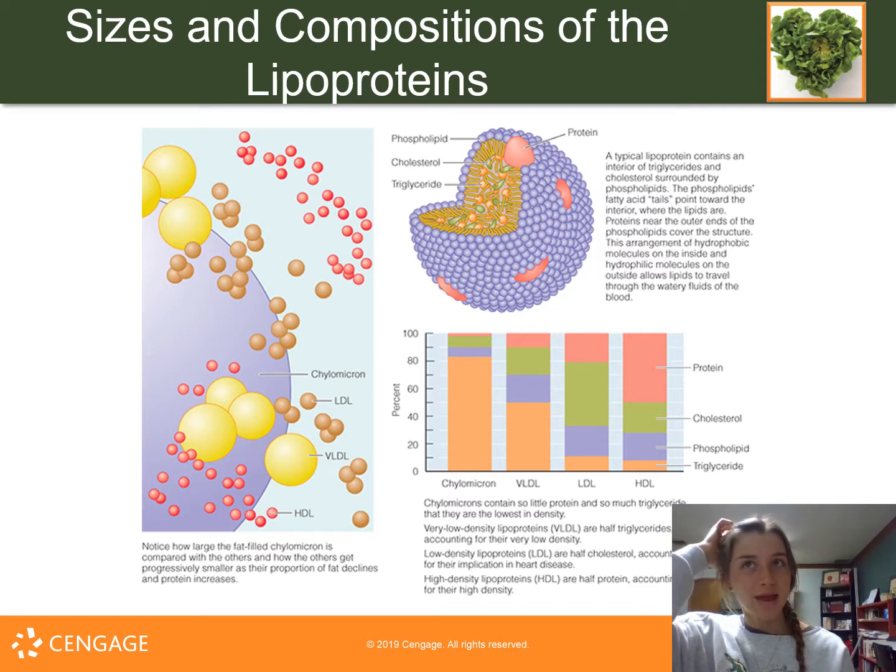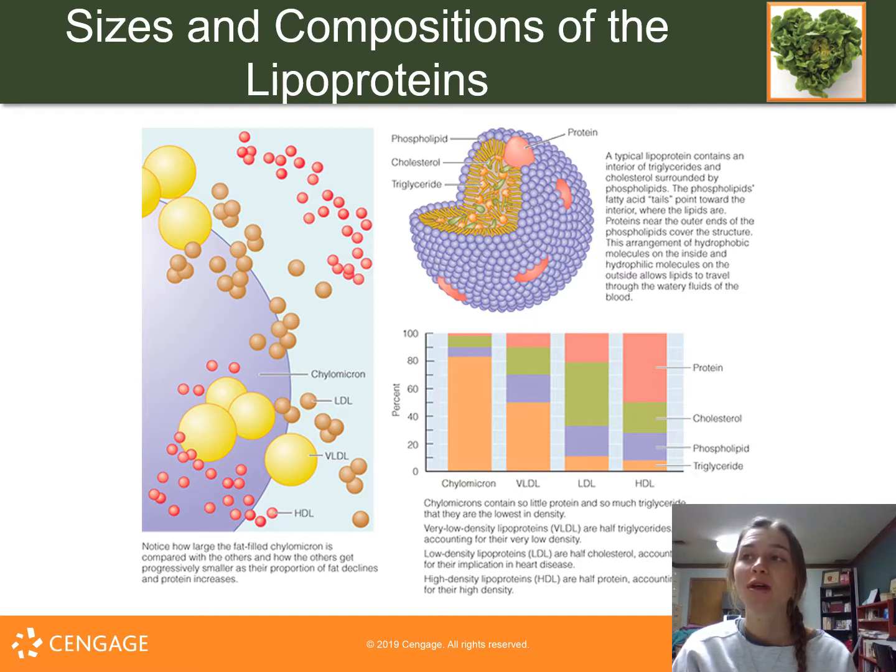As we saw in the last slide, there are multiple types of lipoproteins that assist in carrying cholesterol and the lipids. The 4 types of lipoproteins that we just went over are the chylomicrons, the very low density lipoproteins, the low density lipoproteins, and the high density lipoproteins.